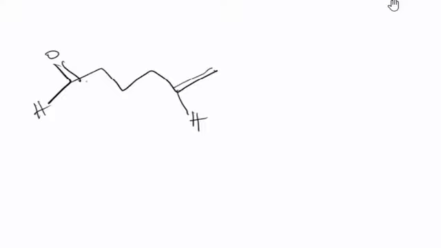So for instance, if I have this O and H, okay, this is O and H. Alright, so this is 1, 2, 3, 4, 5.